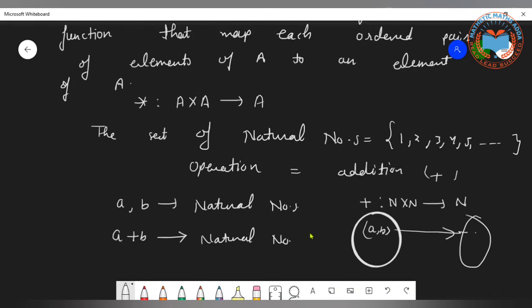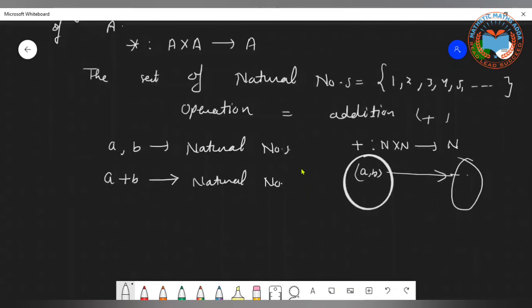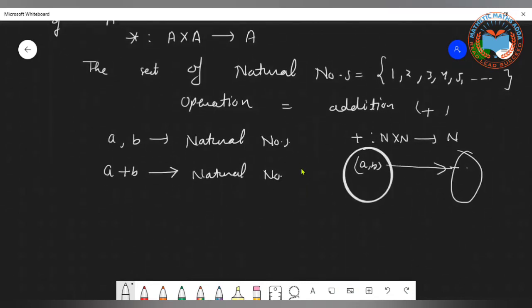But if I take the operation of subtraction, now in this case I am taking any two natural numbers like 5 and 4. Both are natural numbers.